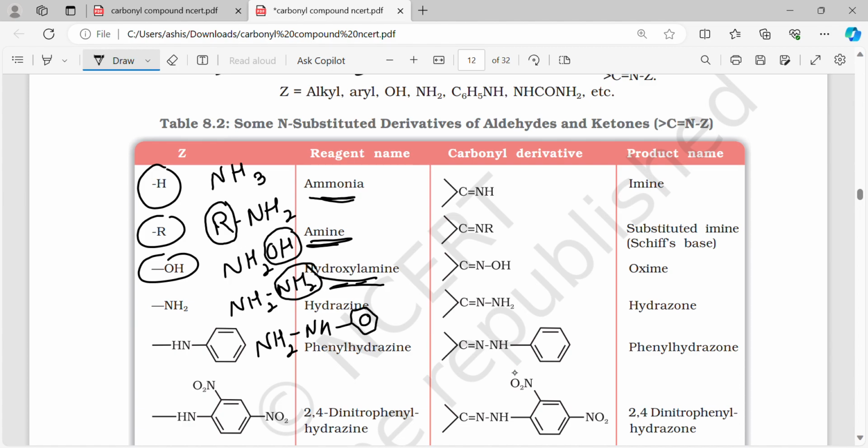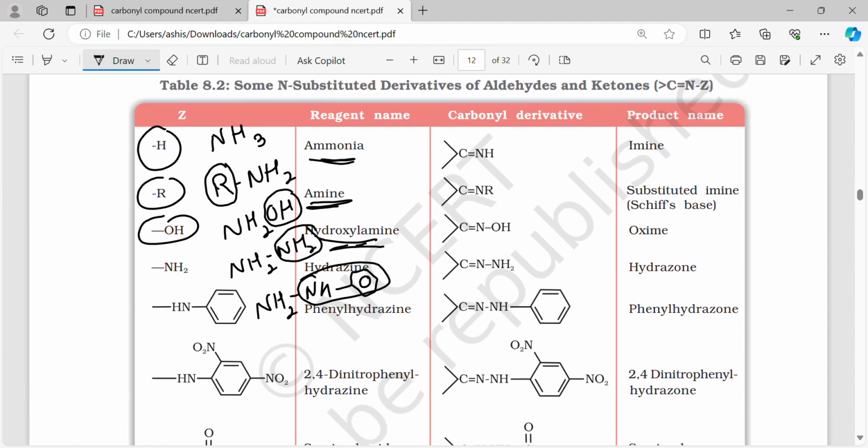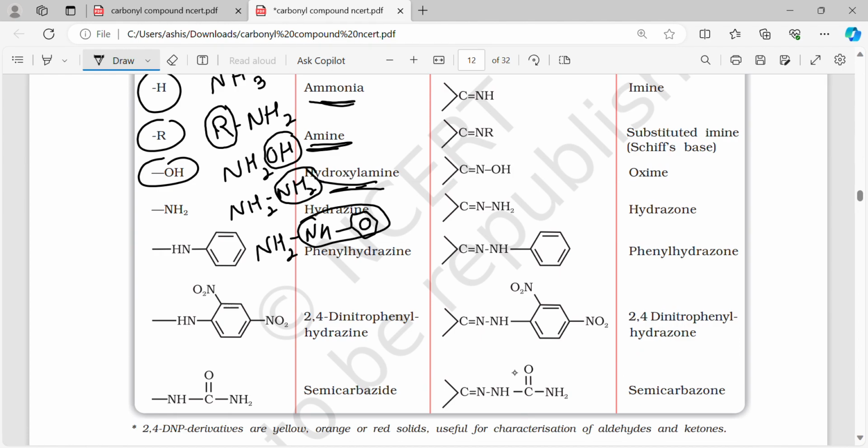The structure of hydrazine is NH2NH2. So what is Z here? NH2. Similarly, phenylhydrazine. The structure of phenylhydrazine is NH2, NH, and one phenyl ring is attached. So apart from this NH2, that whole part is called Z.